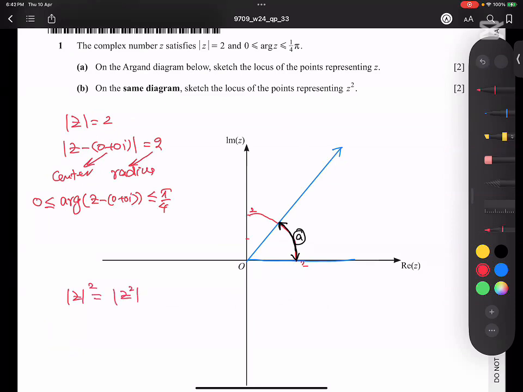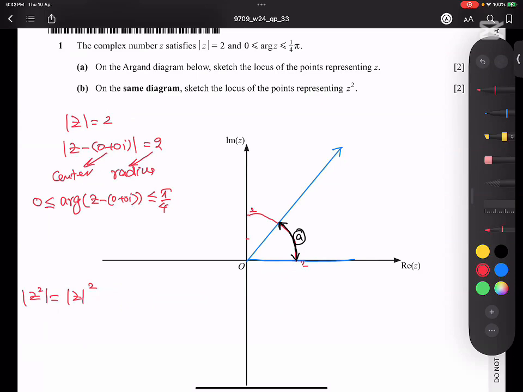They are the same. The modulus of z is 2, so we can say it becomes 4. The modulus of z square and the square of the modulus of z are actually the same, or I can say it in reverse, so you may understand better.